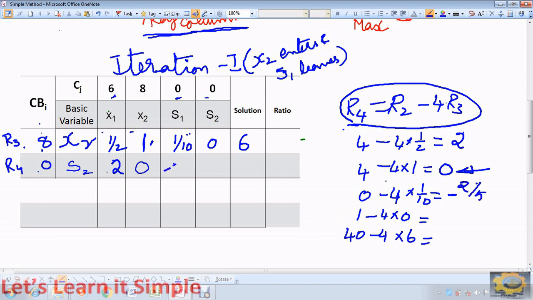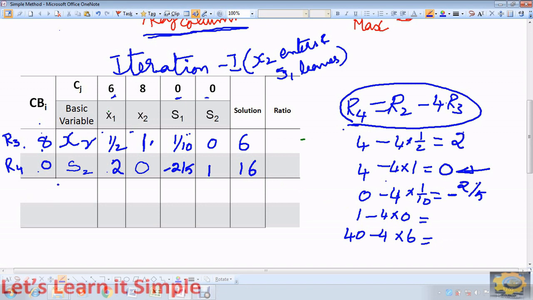So right here, minus 2 by 5. Next 1 minus 4 into 0, so this will be 1 here. Next the solution column, 40 minus 4 into 6, that is 40 minus 24, which amounts to 16 here.